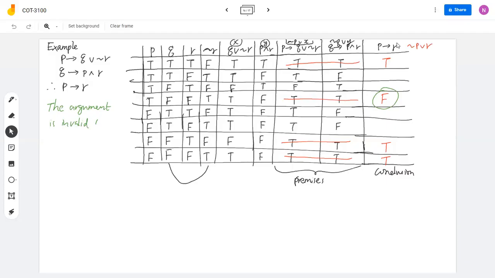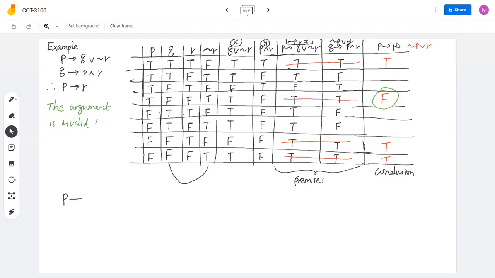So let me show you another way to see this. Remember, there are 2 premises. The first premise is P implies Q or not R, because you have this or relation.